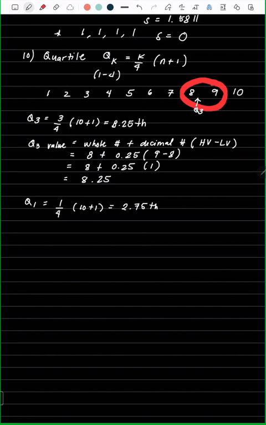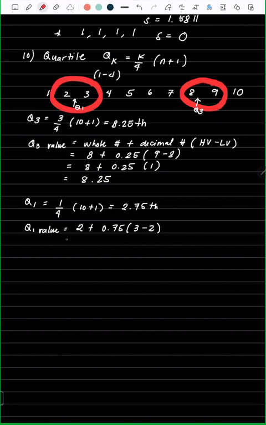All right. Now, let's say we're going to determine Q1. So Q1 would be 1/4 of 10 plus 1, which is equivalent to 2.75. So 2.75, Q1 would be here.